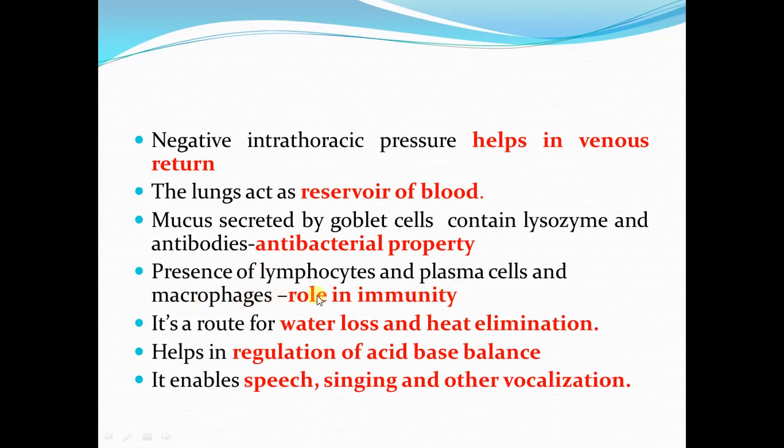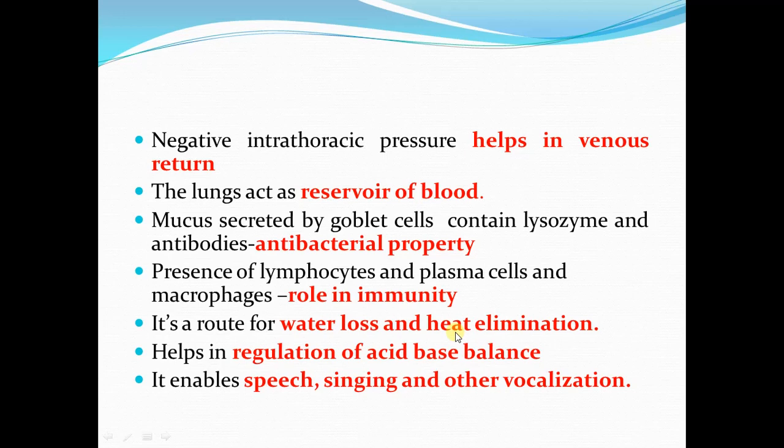So they play an active role in immunity, protecting the body against different invaders and pathogens by having antibacterial property and the cells of the immune system. Lungs are also a route for the excretion of water and heat. Water loss occurs through the respiratory passages and heat elimination also occurs through respiration.